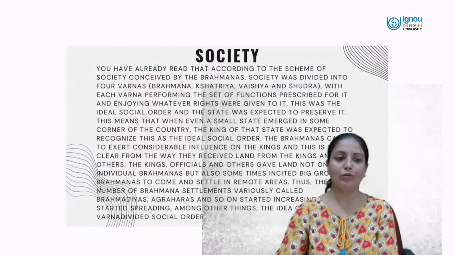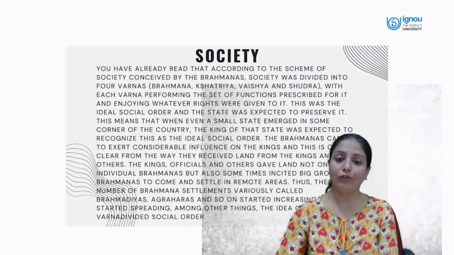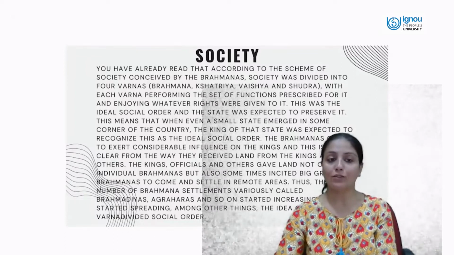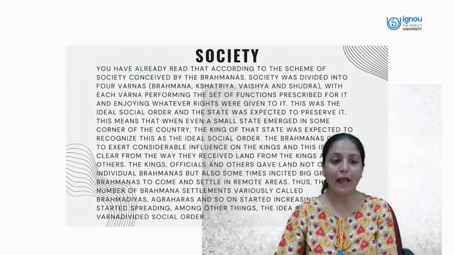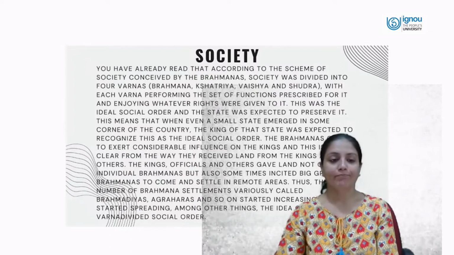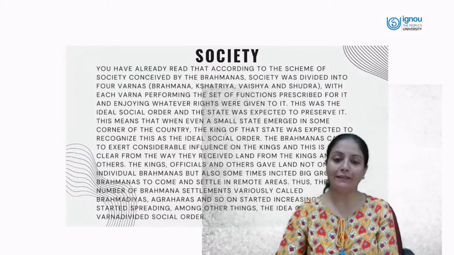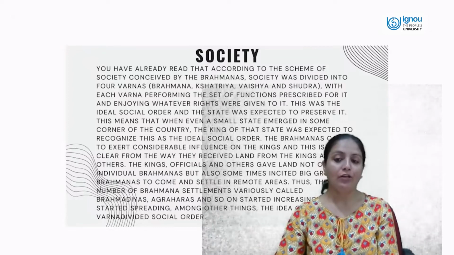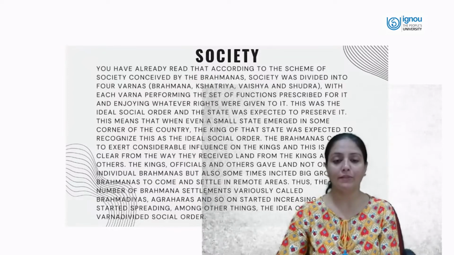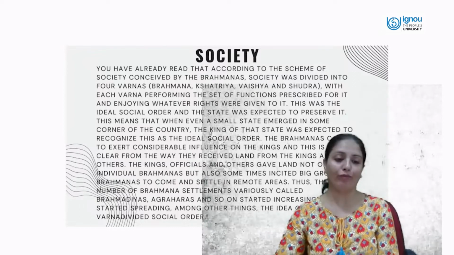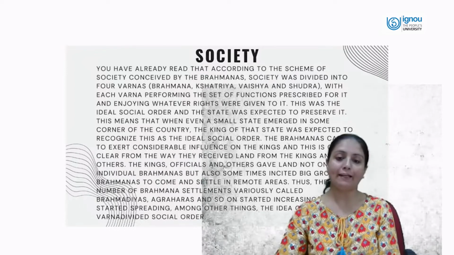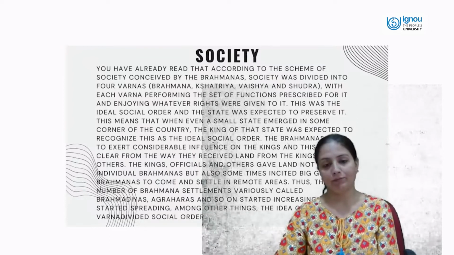The Brahmins came to exert considerable influence on the kings, and this is quite clear from the way they received land from the kings and others. The kings, officials, and others gave land not only to individual Brahmins but also sometimes invited big groups of Brahmins to come and settle in remote areas.